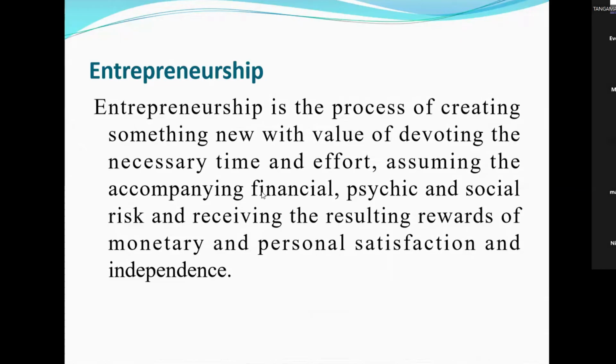Entrepreneurship is the process of creating something new with value and of devoting the necessary time and effort, assuming the accompanying financial, psychic, and social risk, receiving the resulting rewards of monetary and personal satisfaction and independence.